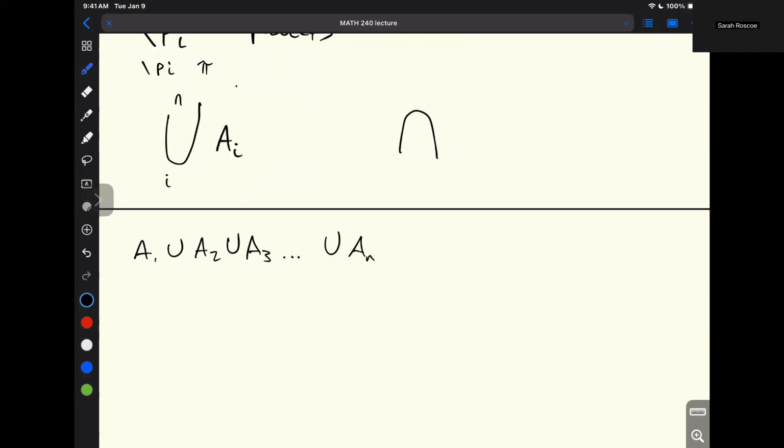I think this is big cup and I think this is big cap.